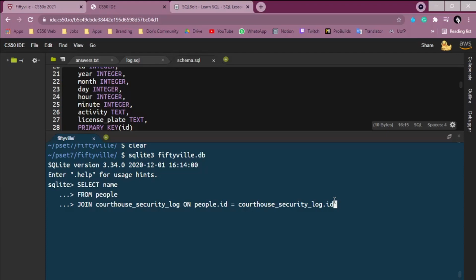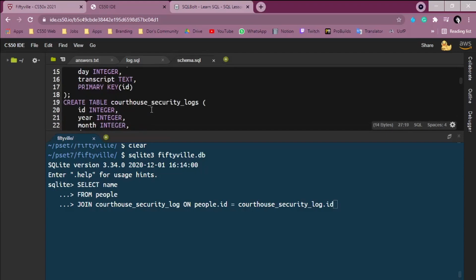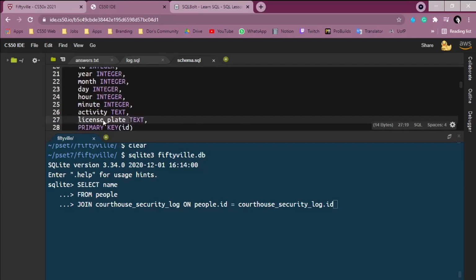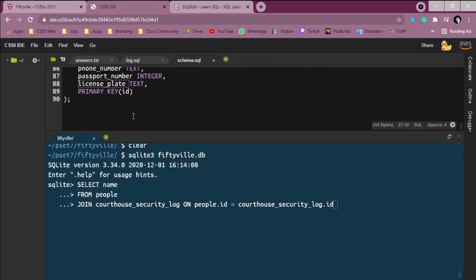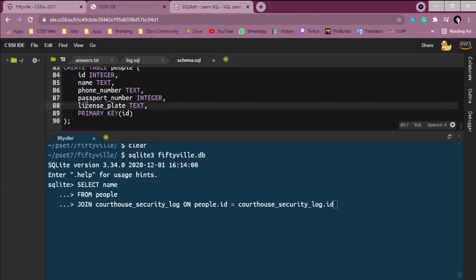Actually, I'm so sorry, I said it wrong. The thing that we have in common is the license plate, okay? So in here we have the courthouse security log using the license plate, and in here we have the license plate again, so this will be our key, okay? It's not ID, so license plate.